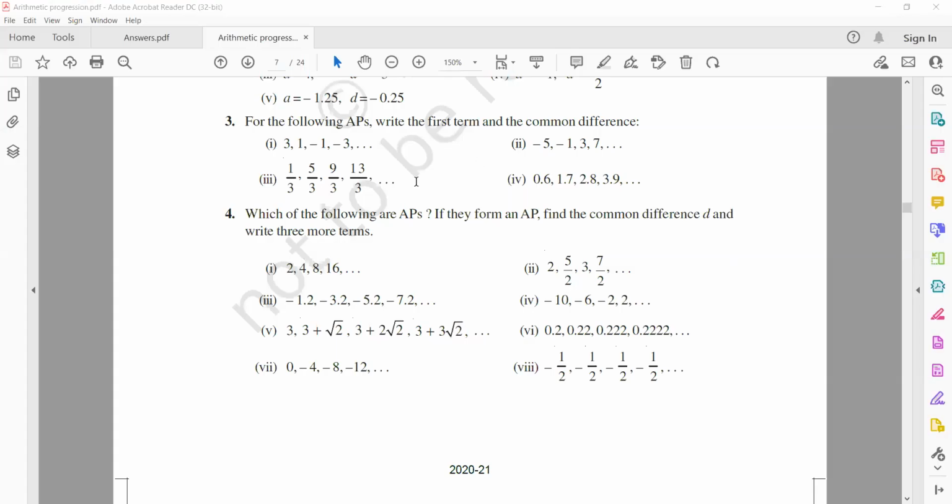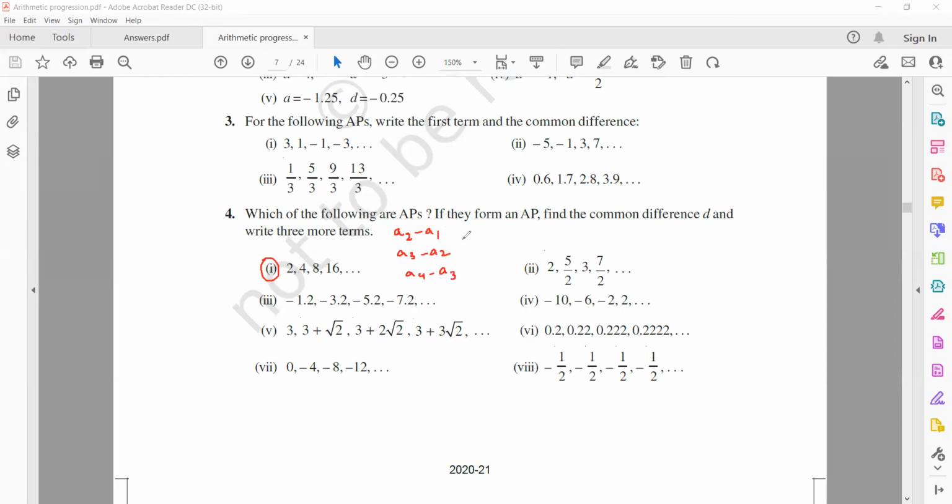Wait, just one example I'm giving you. So you have to try this question also. So look here, like first one. You do not know whether it is an AP or not. So like this is your A1, right? You will check A2 minus A1, then you will check your A3 minus A2, then your A4 minus A3.